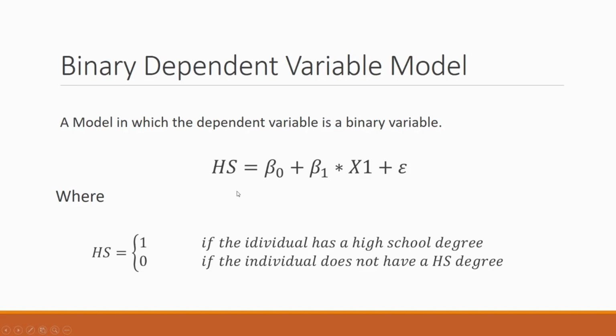If we pause for a second and think conceptually, why would we ever want a binary variable as a dependent variable? Actually, it's somewhat intuitive. We may want to know what factors influence whether or not an individual has a high school degree, or whether or not a student will graduate high school.